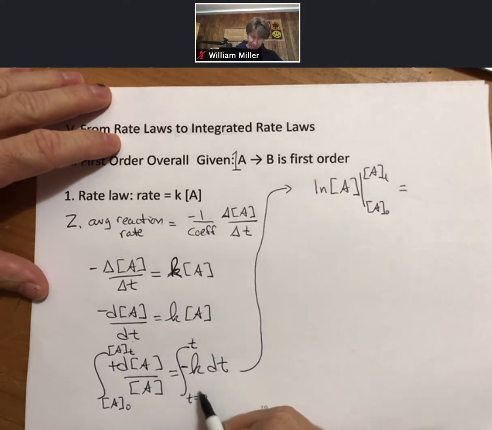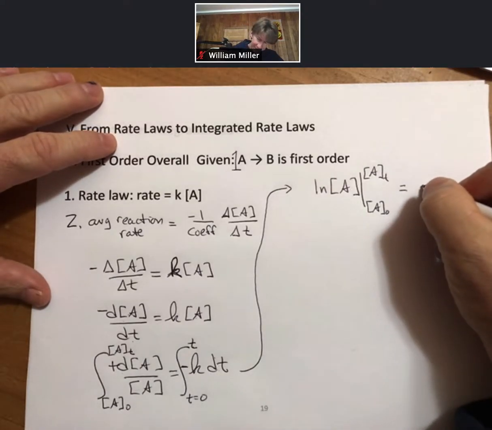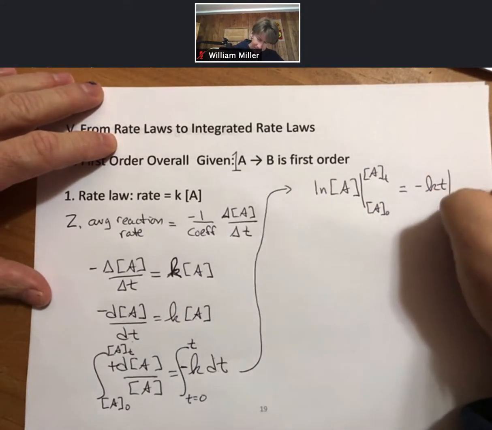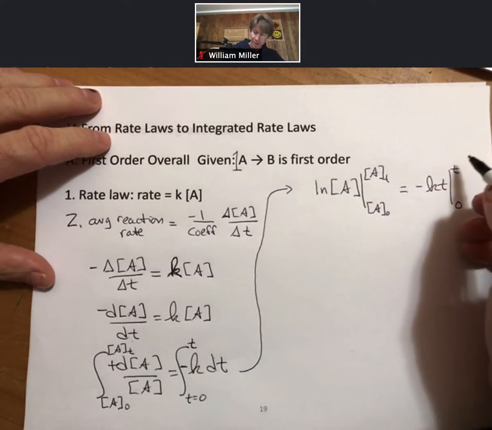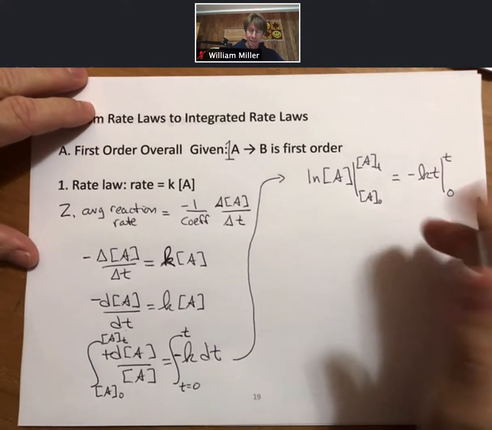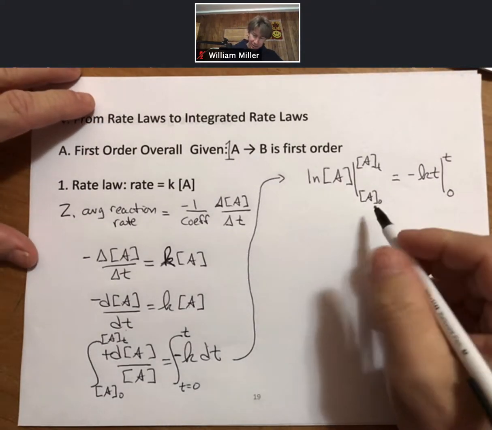And on the other side, the integral of dt is just going to be t, so it's going to be minus kt, where it goes from t equals 0 to t. So that's getting closer to our version here.